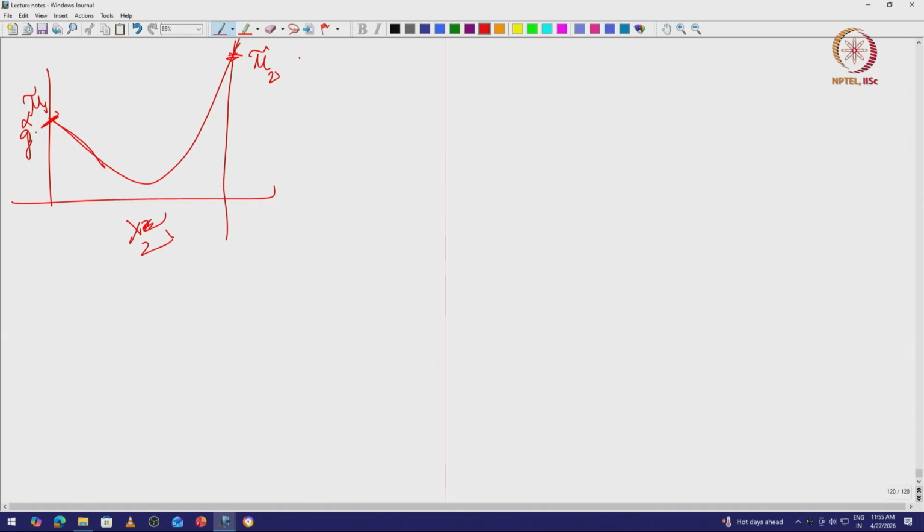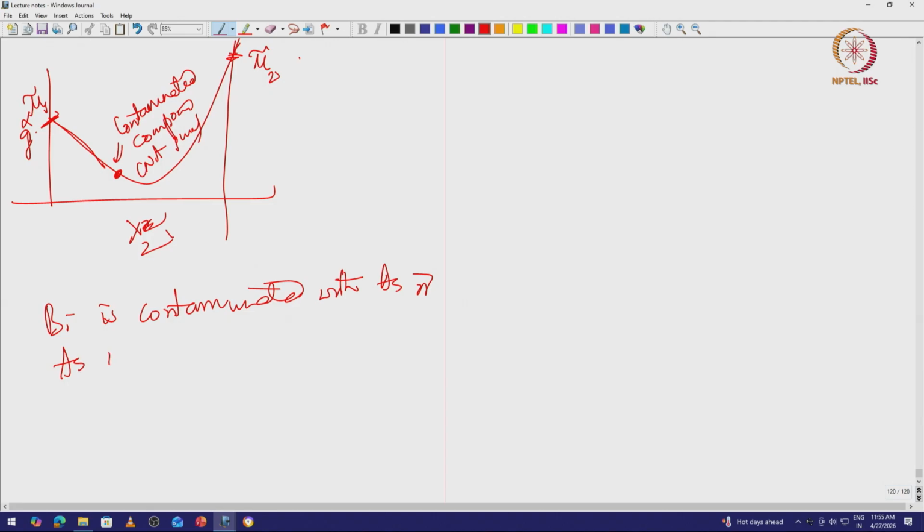But now I am saying at any x2, this is a contaminated compound, not pure, which means bismuth is contaminated with arsenic or arsenic is contaminated with bismuth, right.